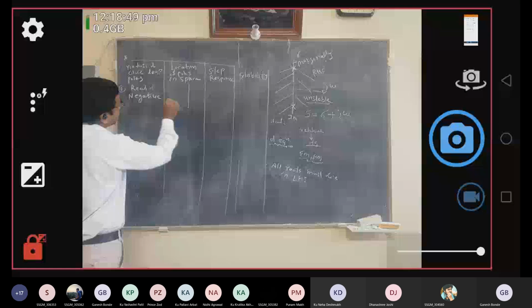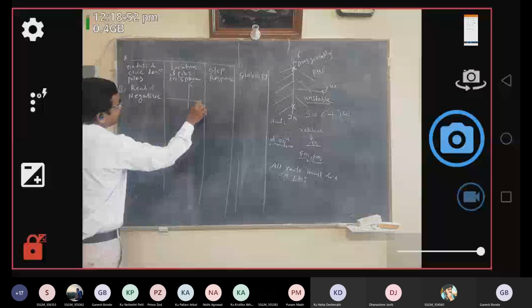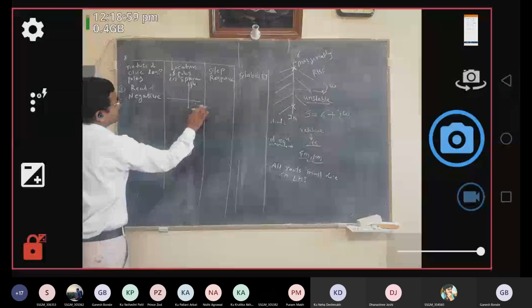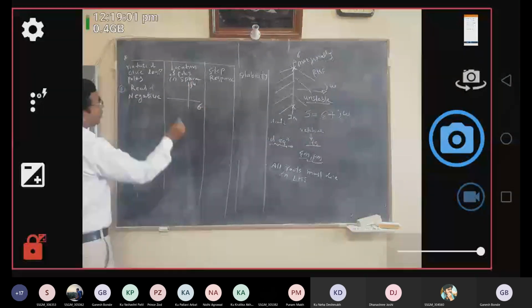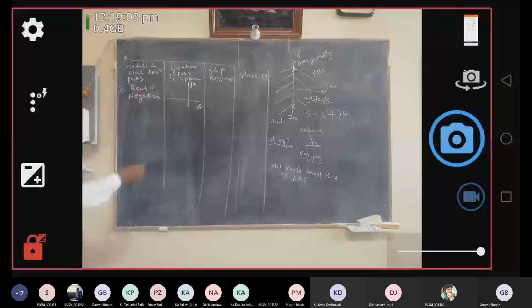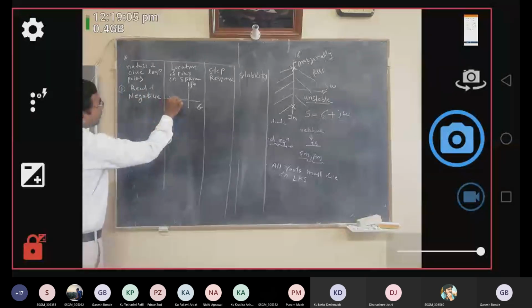Let's say this will be the S plane, sigma versus j omega. Here is j omega, and this could be sigma. So when poles are real and negative, that means your poles lie on the negative real axis, and these poles are located in the left hand side of your S plane.